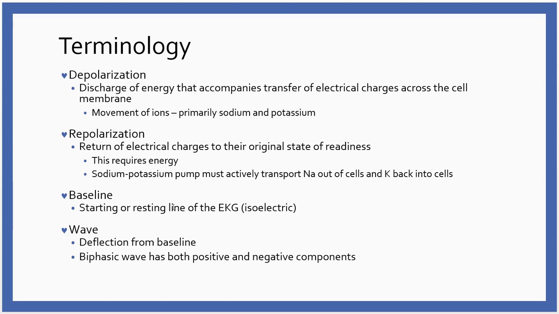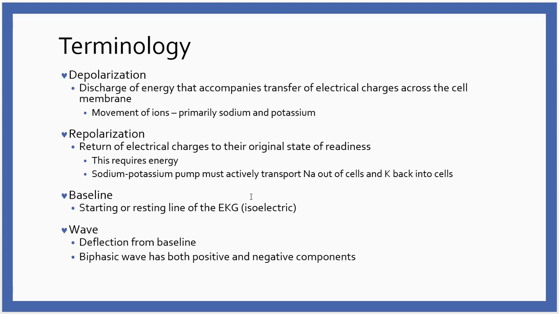Baseline. When things are happening, so we'll be talking about this, when the SA node fires off, it creates a little waveform. As energy is moving through the ventricle, it creates a waveform. When there's no electrical energy or movement going on through the heart, the EKG will have a resting point, a starting line, a flat line.